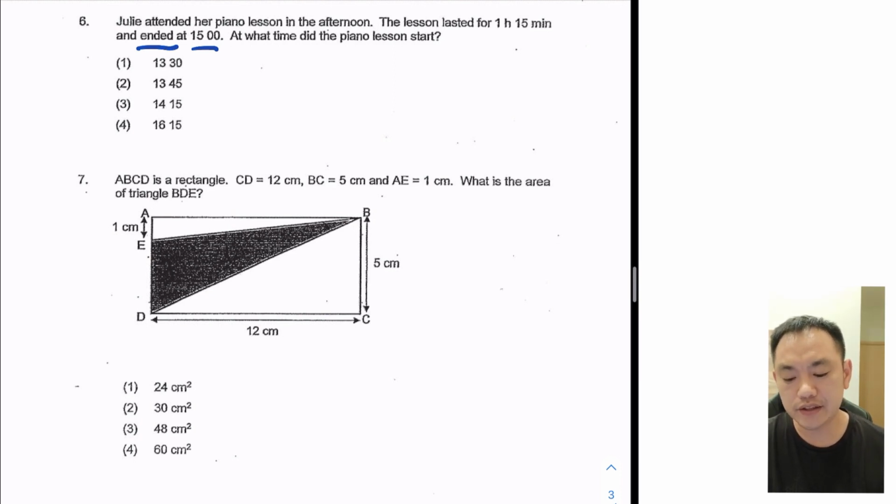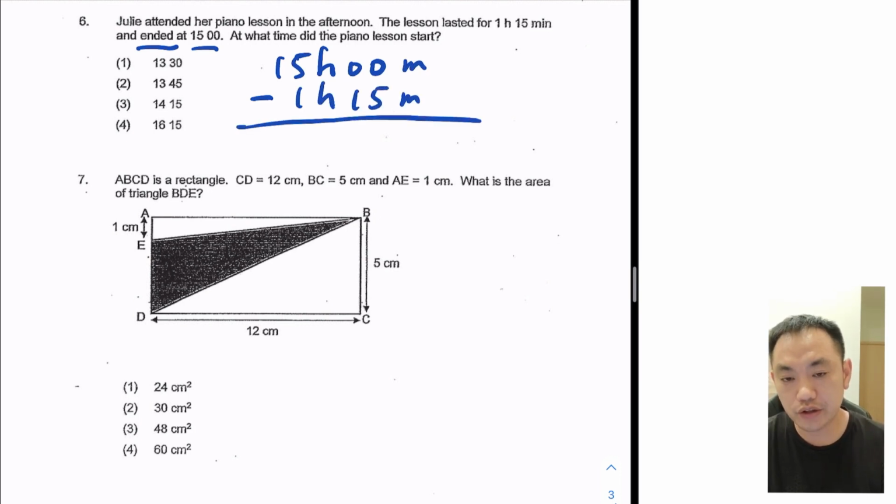Okay, so if the lesson ended at 1500, that means if you want to find out when it started, then you need to work backwards. So basically 15 hours, then you need to minus the duration of the class, which is 1 hour 15 minutes.